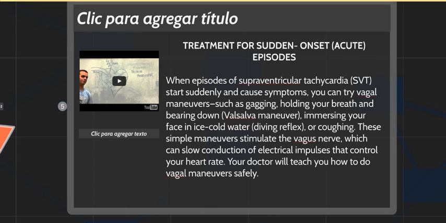These simple maneuvers stimulate the vagus nerve, which can slow the conduction of the electrical impulse that controls your heart rate. Your doctor will teach you how to do vagal maneuvers safely.